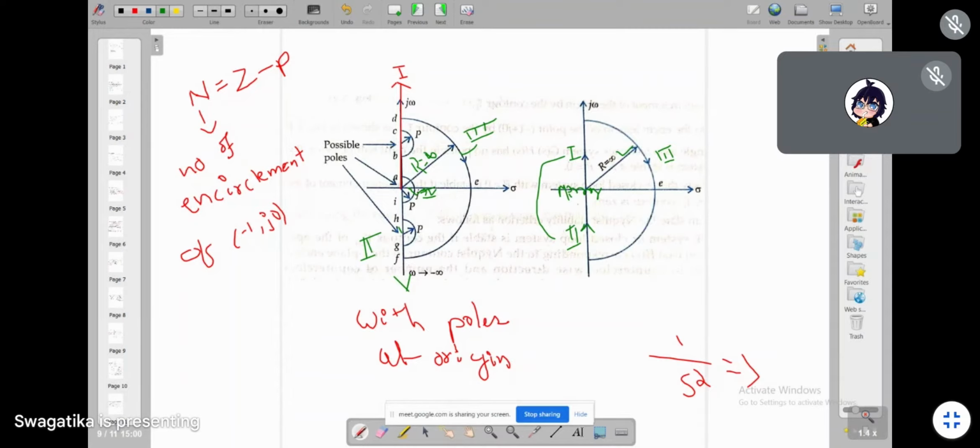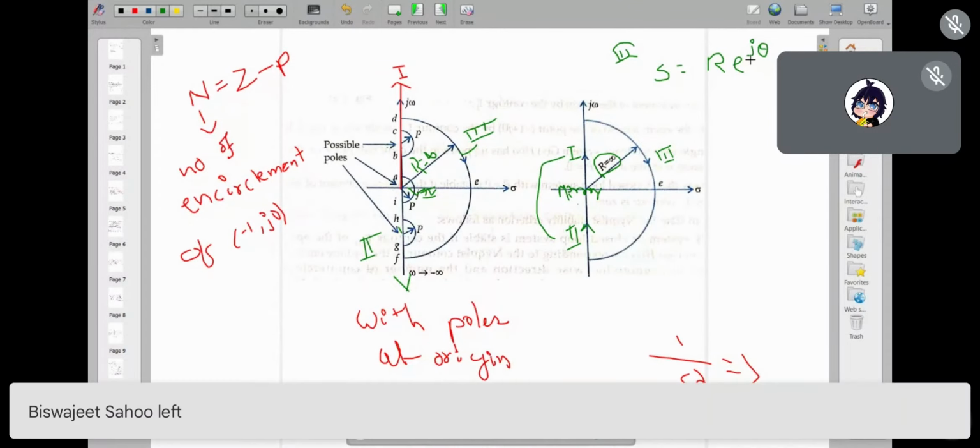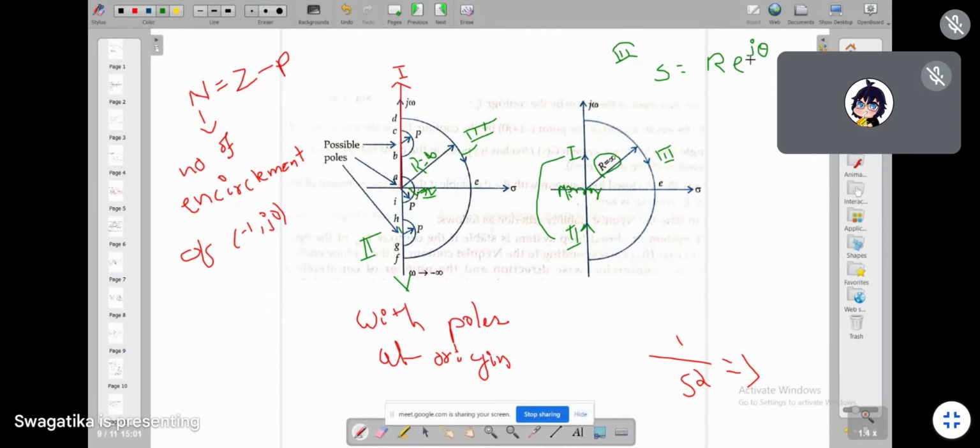You can find it out by putting s equals r e to the power j theta for path number 3, and theta varies from plus pi by 2 to minus pi by 2. This is very very important.